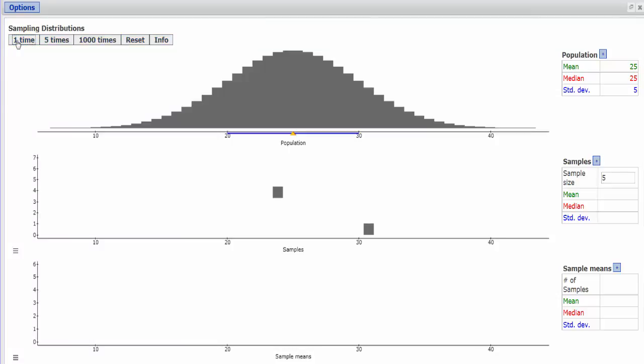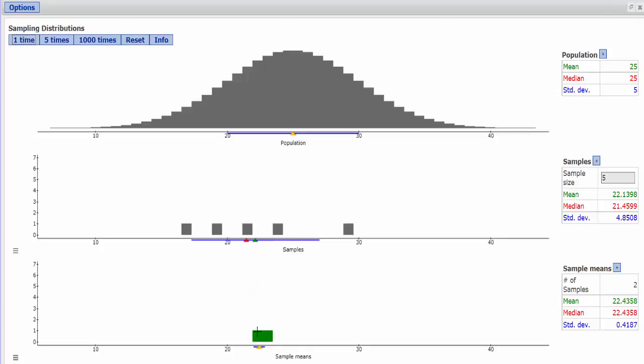Okay, here's my first sample. We see that it has a mean of 22.7, and that becomes the first observation in my distribution of sample means. Let's take a second sample of size 5. Now I have a second sample mean added to my distribution of sample means.